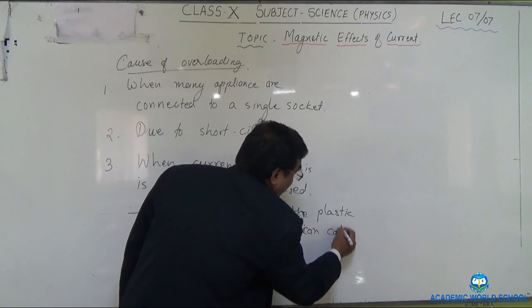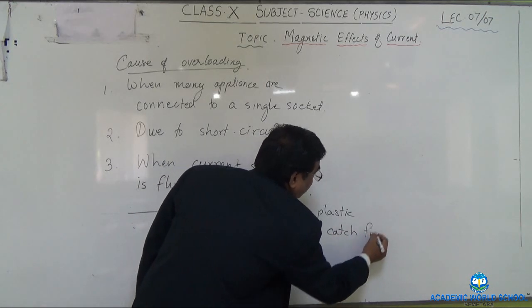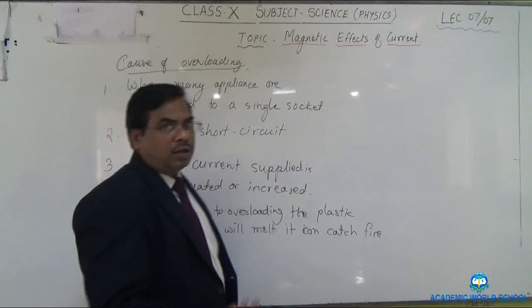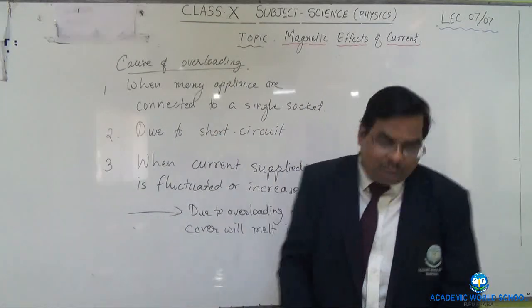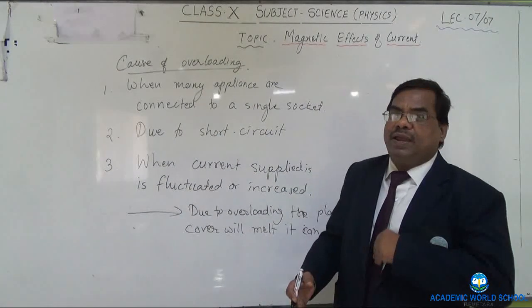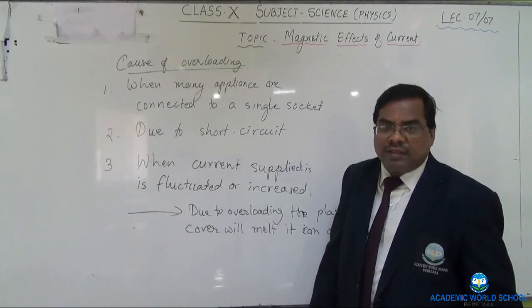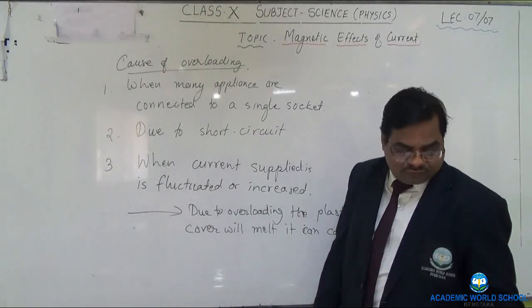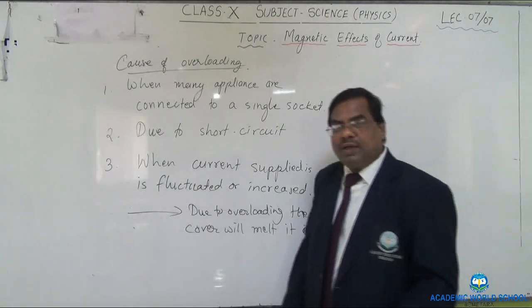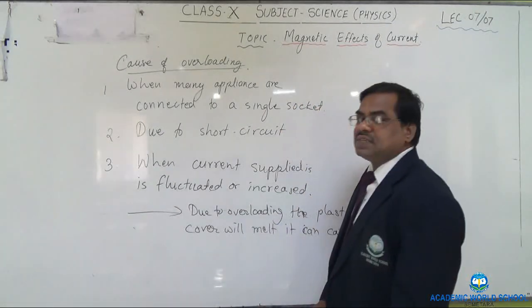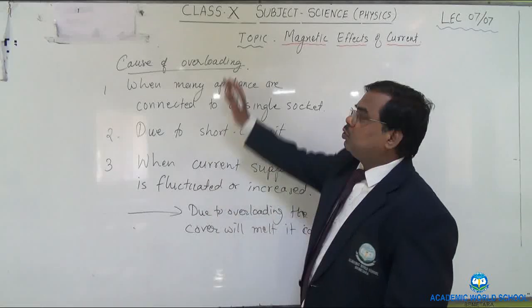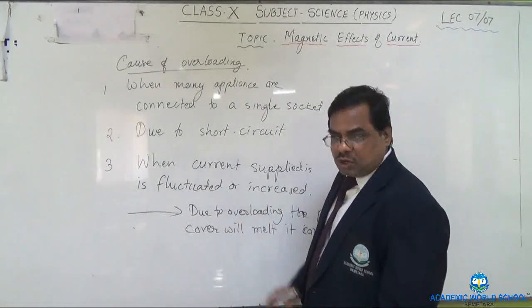It can catch fire. It's a very common thing. You must have heard many times that due to fluctuation and short circuit there was a fire incident. So this kind of accident mostly happens due to overloading or short circuit.